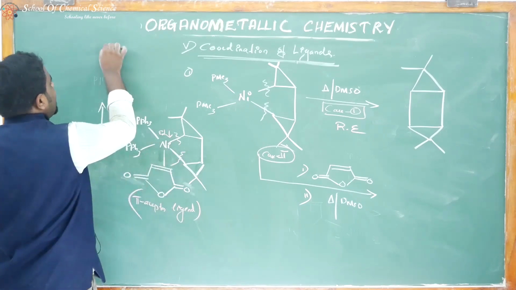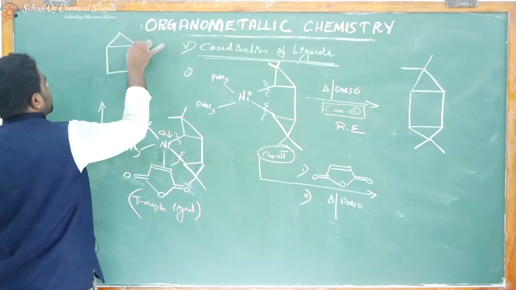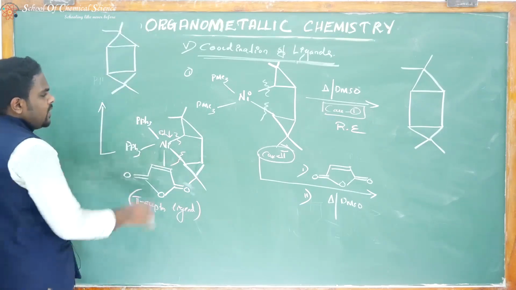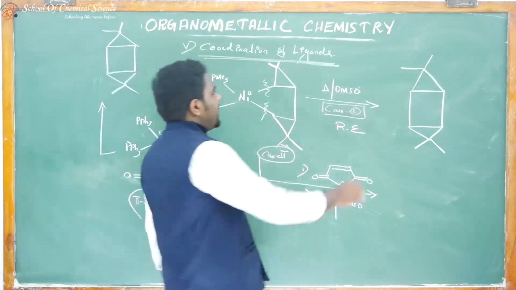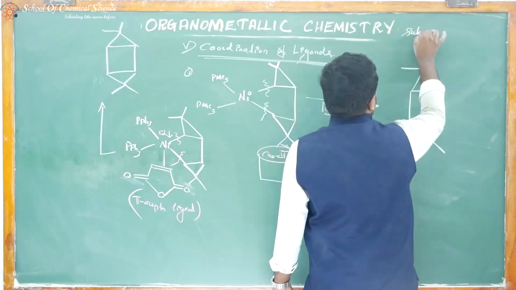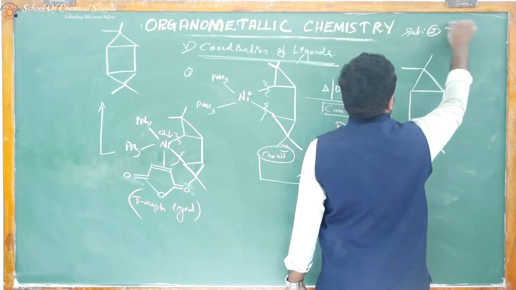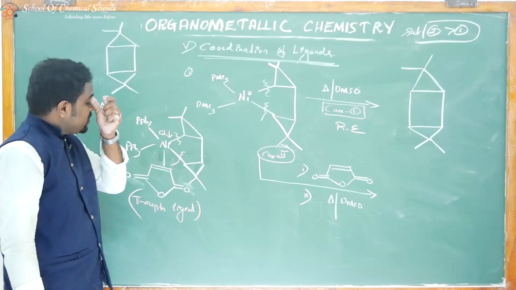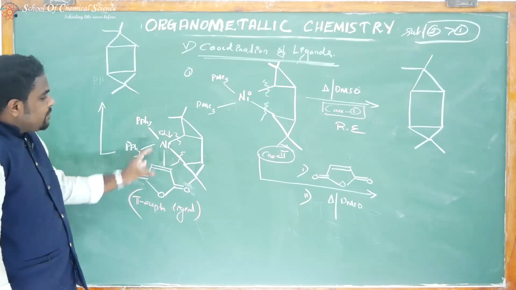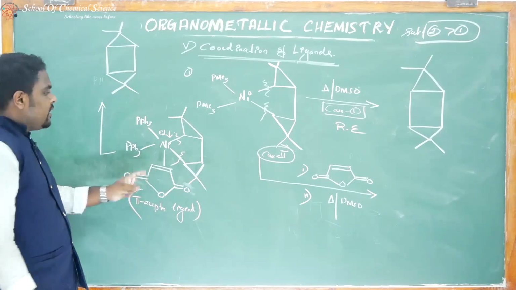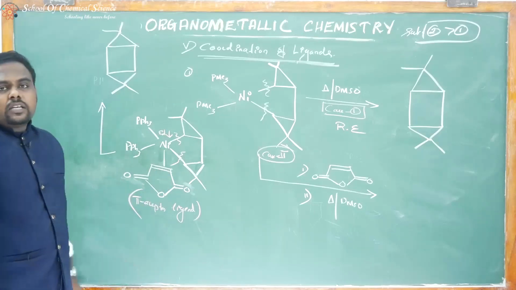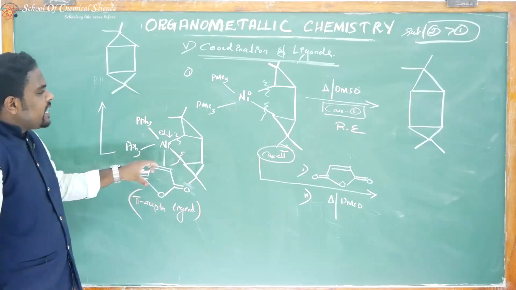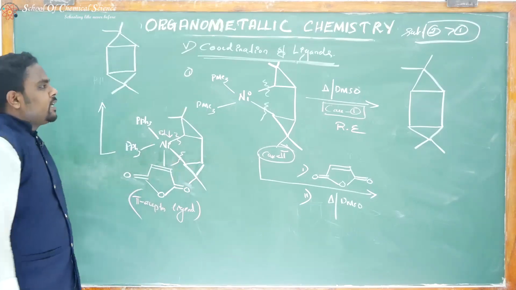So it will immediately give the product. Both of them give the same product, but the rate in the second case is greater than the first case. Why? Because in the second case, a pi acceptor ligand will coordinate to the metal, which decreases the electron density on the metal. As a result, the rate of reductive elimination will be faster.